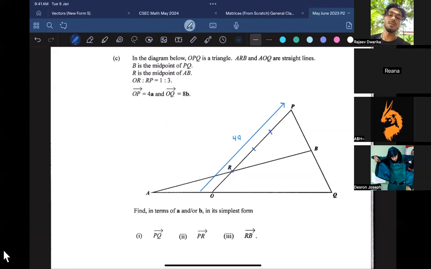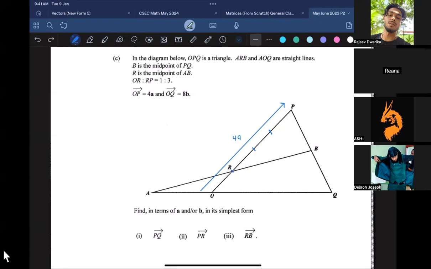So RP is 3 ORs. So I have 1 OR here, this is 1 OR, this is 1 OR, this is 1 OR. So how many ORs do I have altogether then? See if you can tell me that. 4. I have 4.